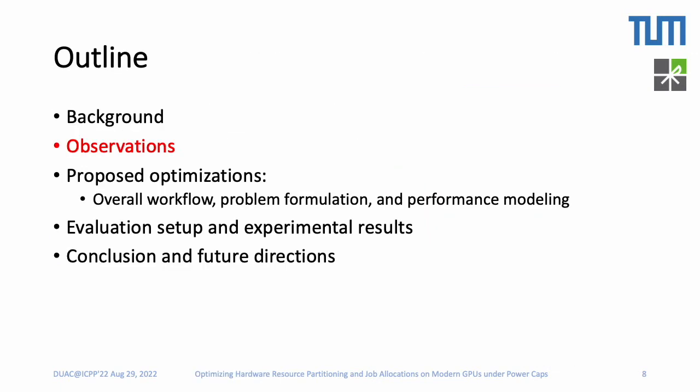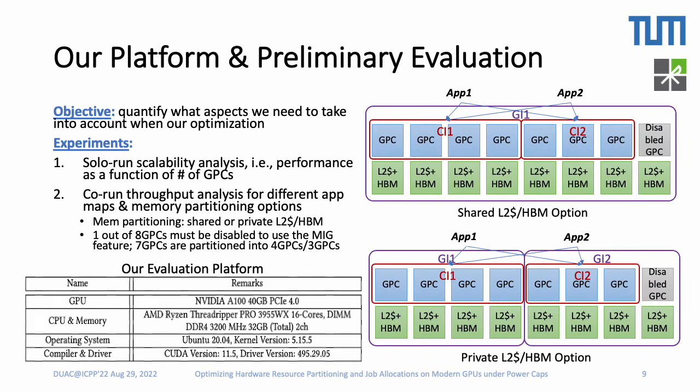And let's move on to the observations. We did preliminary evaluation using the real chip, A100 chip. The objective is to quantify what aspects we need to take into account when we're doing our optimization, trying to get useful insights. In the experiments, firstly, we do a thorough scalability analysis, performance as a function of GPC.